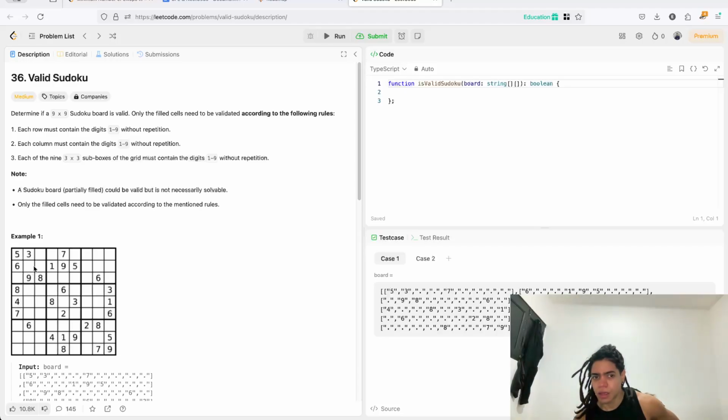No, the first will be 0, 0. The next one will be 1, 0, because it's row and column. The next one will be 2, 0. And if we want to see this particular value here, we're going to store it inside of that, because here we're representing these values.